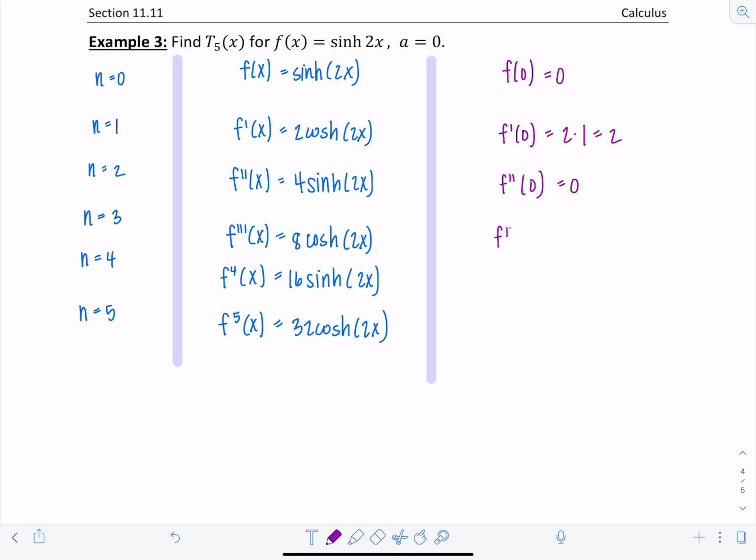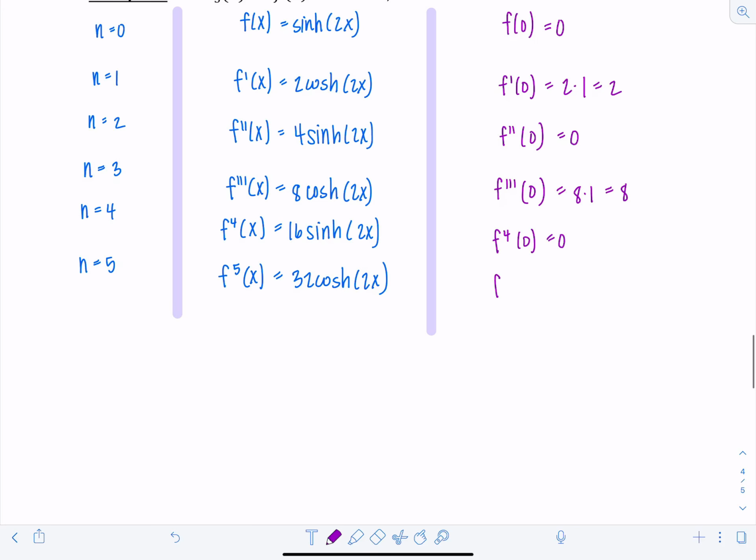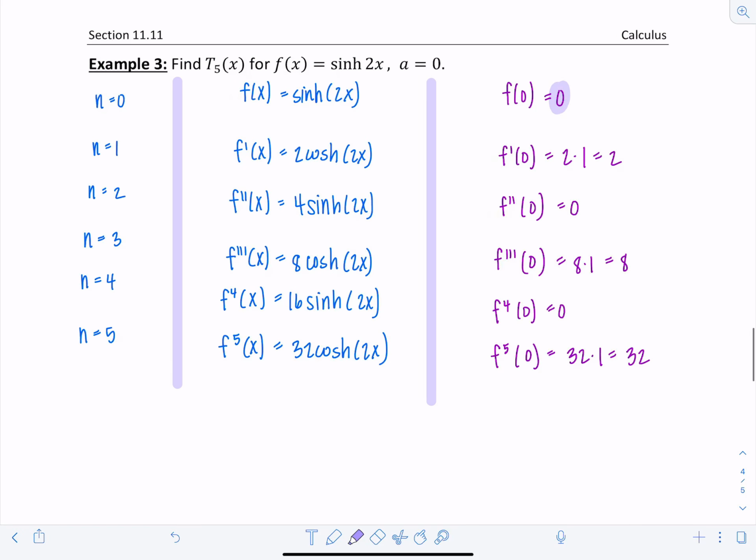Then f triple prime of 0, since it's hyperbolic cosine, is 1 times 8, which is 8. The fourth derivative evaluated at 0 is 0 again, but the fifth derivative will be 32 times 1, which is 32. So here's all our coefficients: 0, 2, 0, 8, 0, 32.